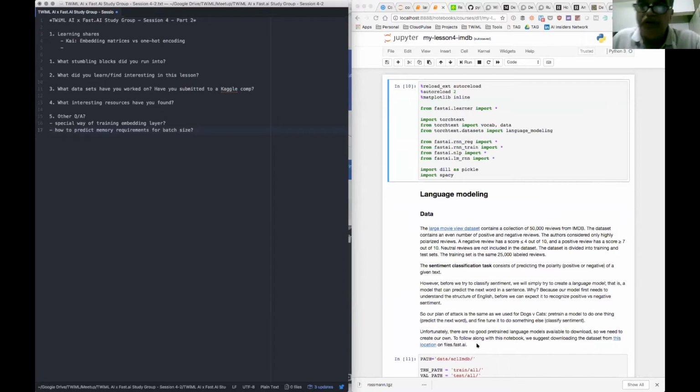Just wanted to share the observation that on entity embedding matrices, Kai did a good job explaining the mathematics behind it. But the intuition in the real world is quite important, because people need to understand what the size of the entity embedding matrices is.